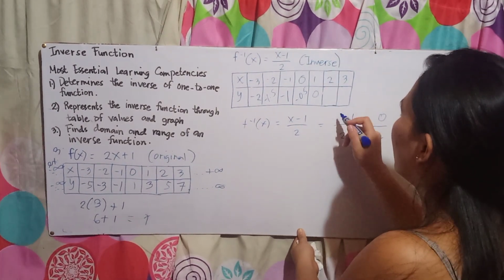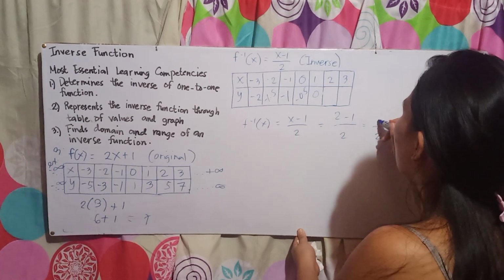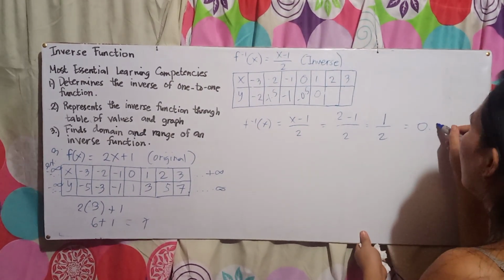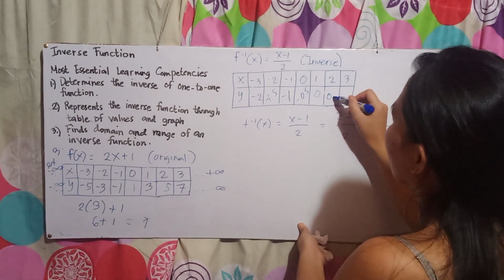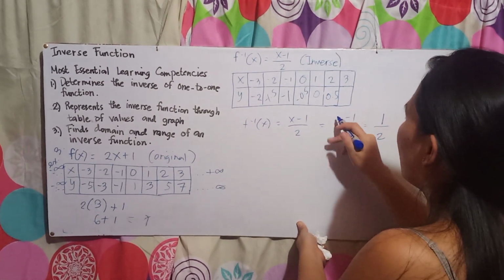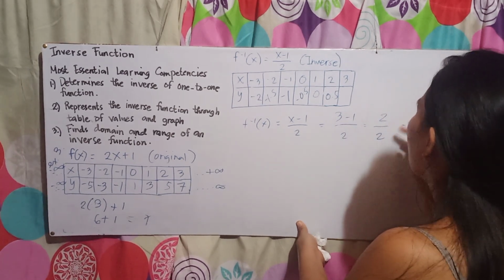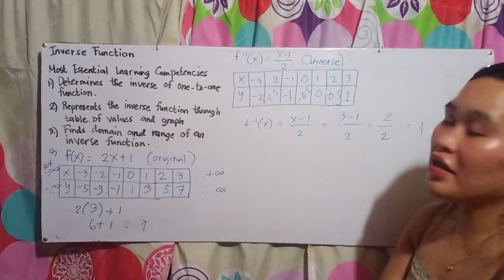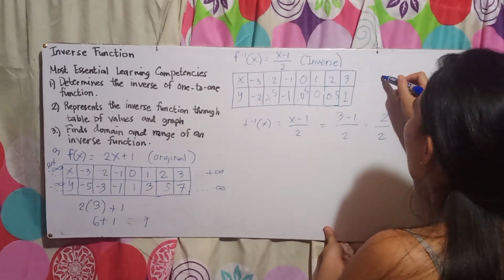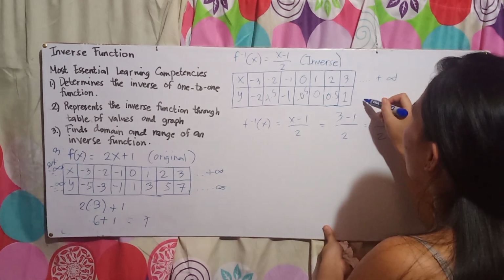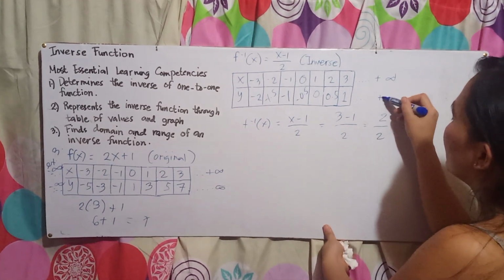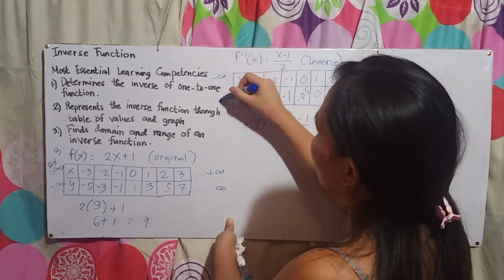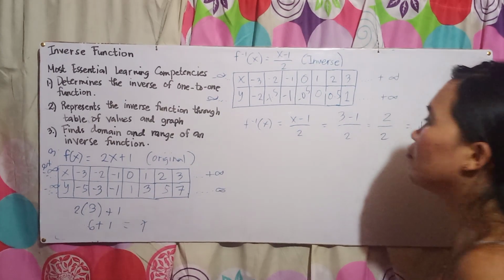If 2, 2 minus 1 is 1/2, so positive 1/2. If 3, 3 minus 1 is 2, 2/2 is 1. So if you extend your value of x up to positive infinity, of course it will extend to positive infinity. If you extend it to negative infinity, of course it will extend to negative infinity.